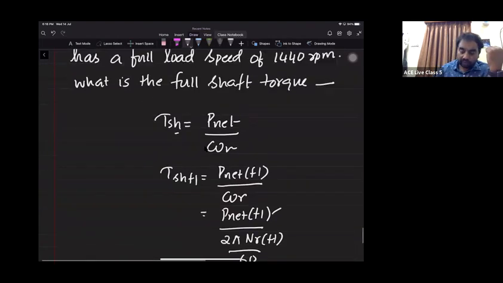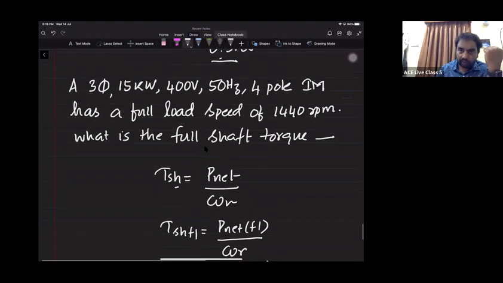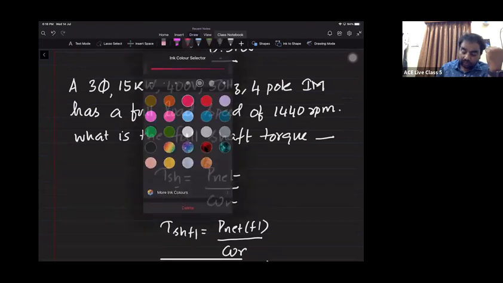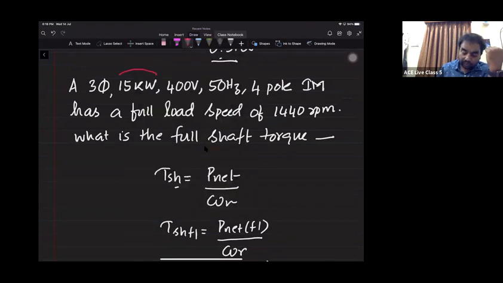So remember, the only twist: this question was asked in GATE for 2 marks. Unless and until specified, this given power is always the full load output net mechanical power. Why?